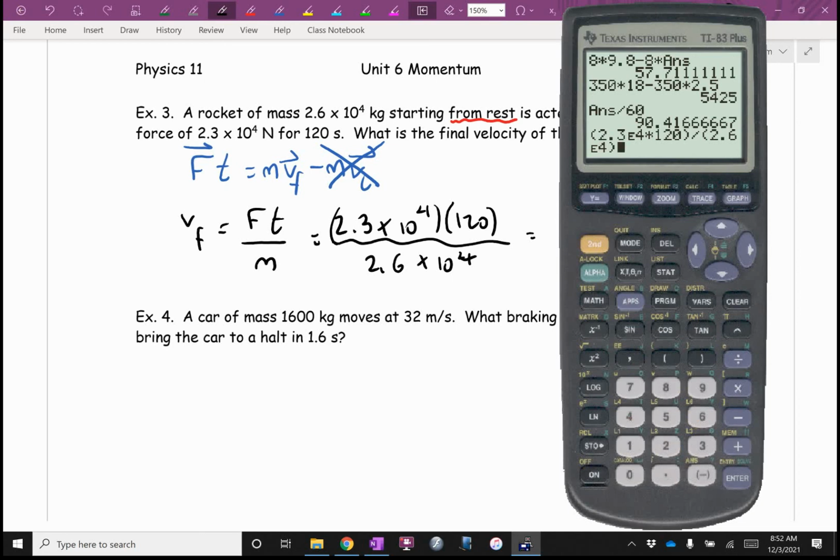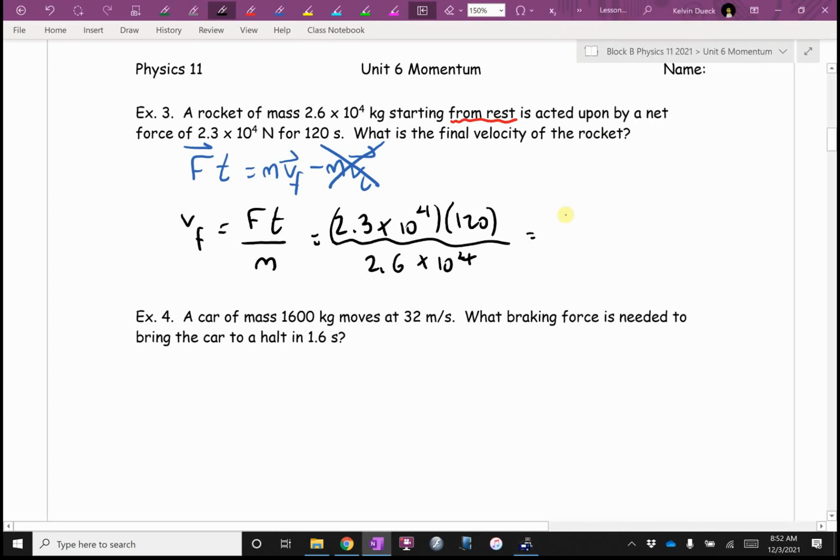And I get 0.153, 106 if I go to 3 sig figs? Okay. And direction, I guess, well, rocket, what direction? Starts with the letter U. Up.